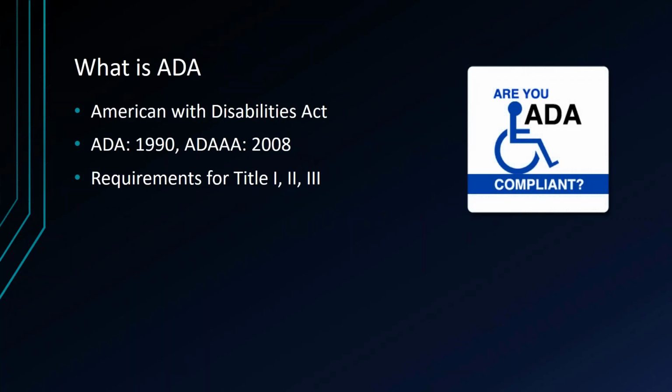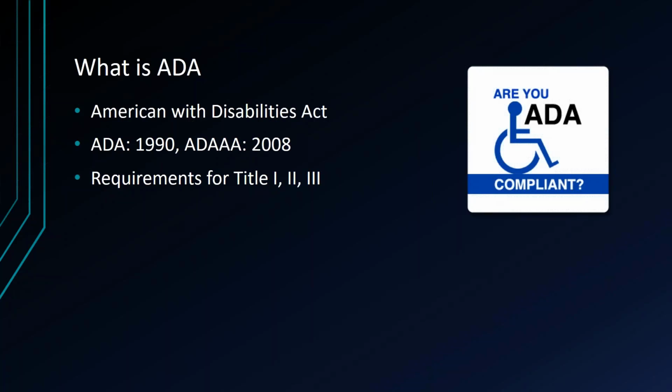Another term that comes up a lot with accessibility is ADA. So I want to talk real quick about what ADA is. ADA stands for Americans with Disabilities Act here in the United States. It was a law that was passed back in the 90s. Then they have the ADAAA, which was passed in 2008, which defines the rules and the laws a little bit more. It breaks down into 3 different titles.